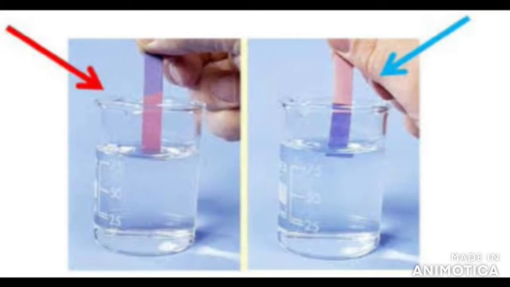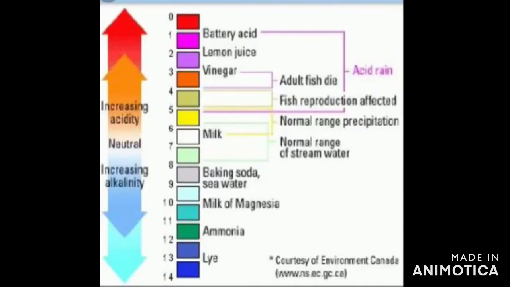You can observe in the first case, it's an acid, so the blue litmus paper turns red, and in the second case, it's a base, so the red litmus paper turns blue. So these are the differences between acids and bases. This is known as an indicator, which we are using in this example, litmus paper. You can buy this and try it out.